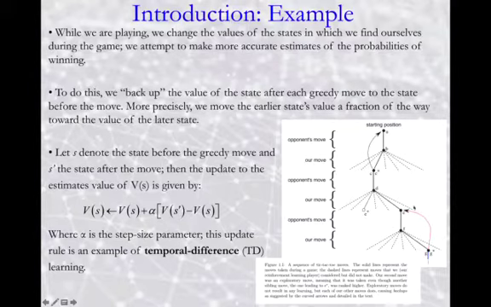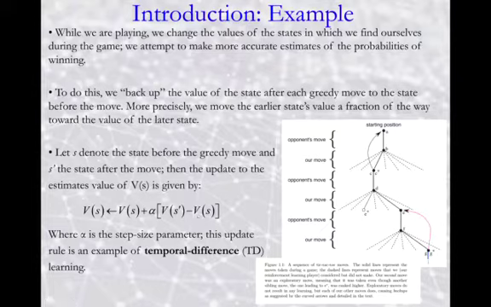This is all diagrammed on the right, and I encourage you to look at it in more detail if you'd like. In a nutshell, I can do an iterative update of the value of the current state by peeking ahead to the value of the next state, taking the difference of those two, scaling it by alpha, and then adding that scaled difference to the value of the current state. What that does is correlate the value of the next state with the current state.